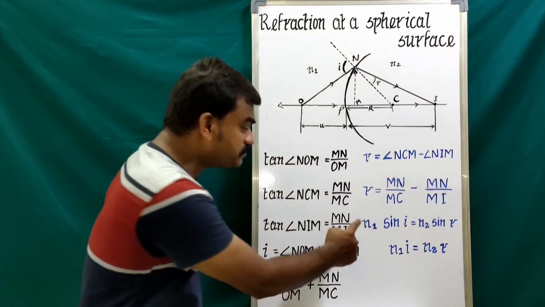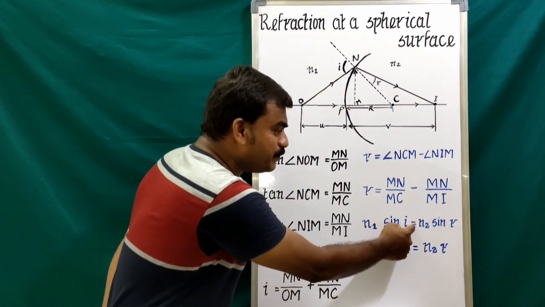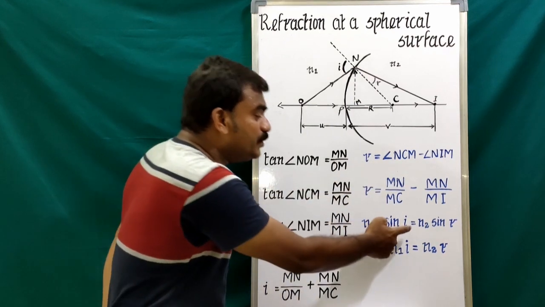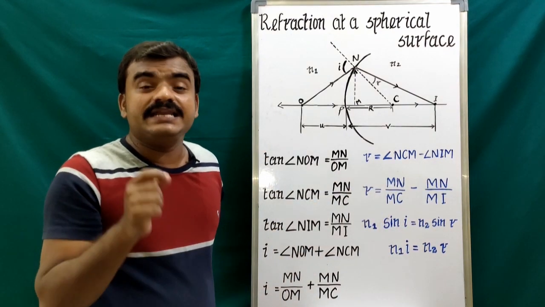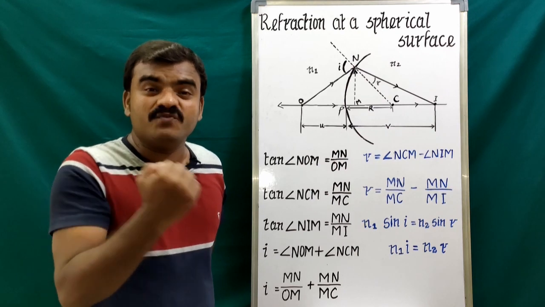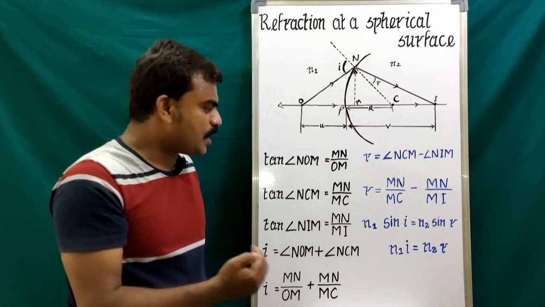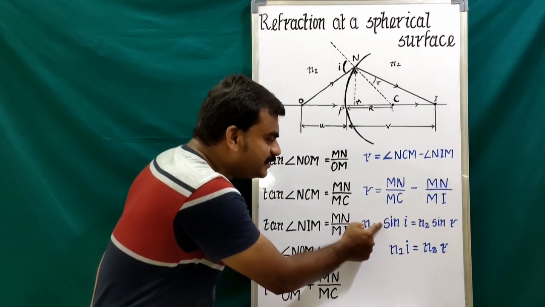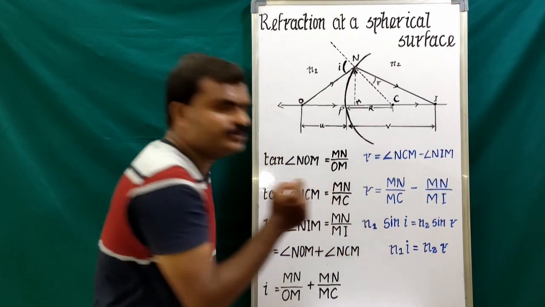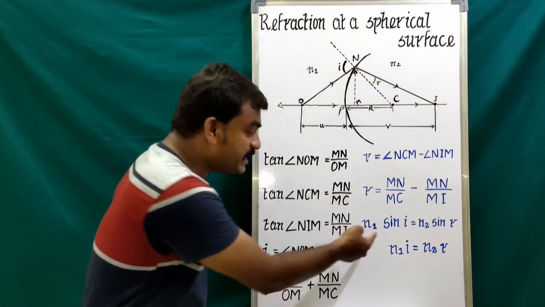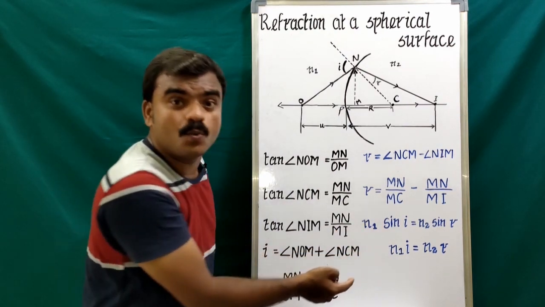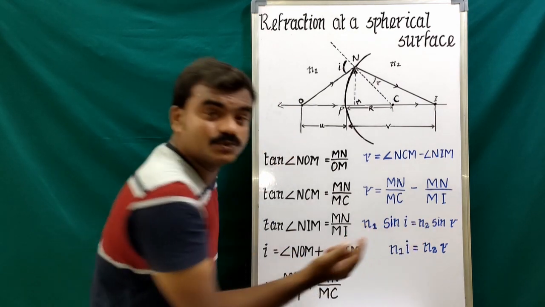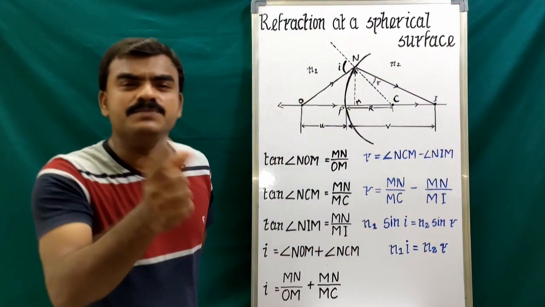What is Snell's law? N1 sin i is equal to N2 sin r. If we apply the i value and r value in this Snell's law, we can easily obtain the relationship between u, v, R. Finally, we may modify this Snell's law. Why should we modify? Here you can see some changes: in this equation there is no sine. The sine is missing.